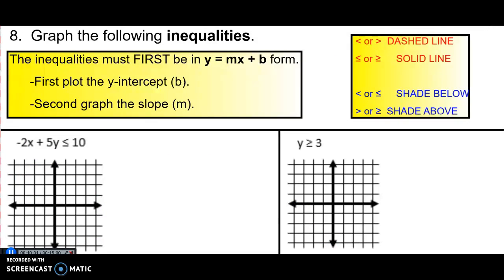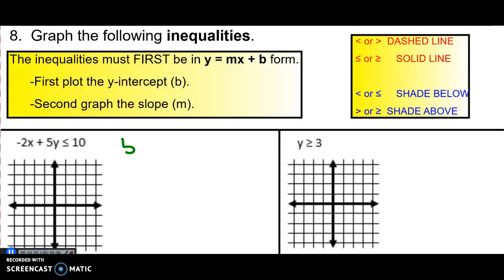All right, on this next question, again, it was not given to us in slope-intercept form, so we need to isolate the y. First thing we need to do is move that negative 2x from the left side of the equation to the right side of the equation. If it's negative on the left, we would add it, and it would be positive on the right side of the equation.